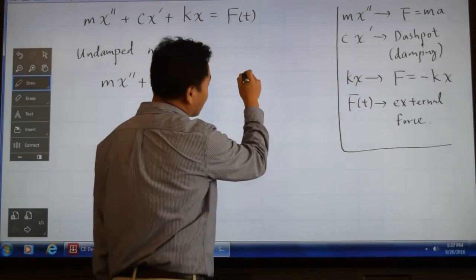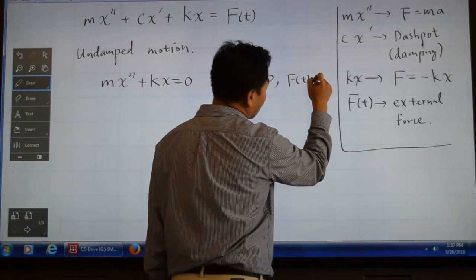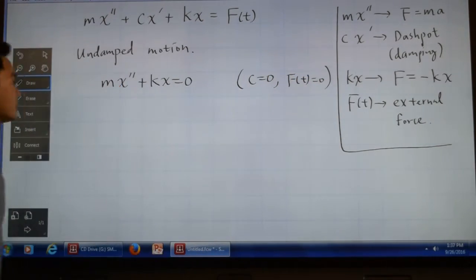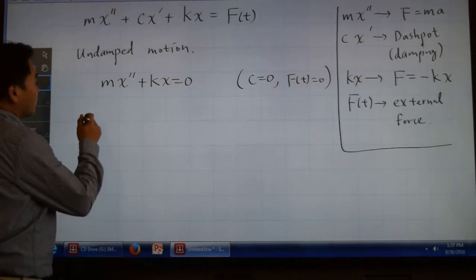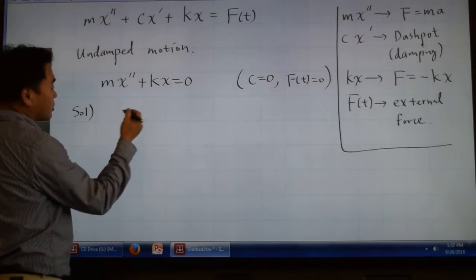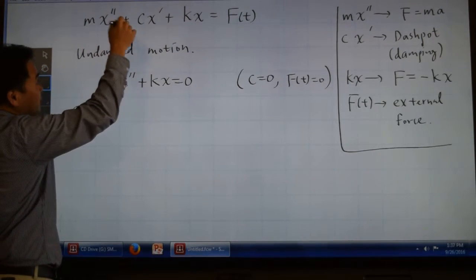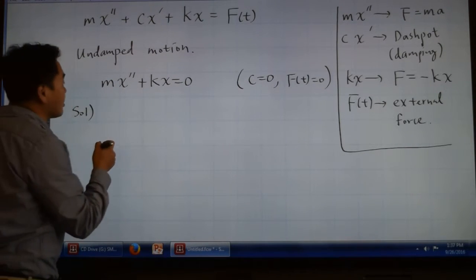So over here, we're assuming c equal to 0 and F(t) also equal to 0. In such a case, the solution has the following form. Remember, all these m, c, k are positive. They can't be negative. They're physical constants.